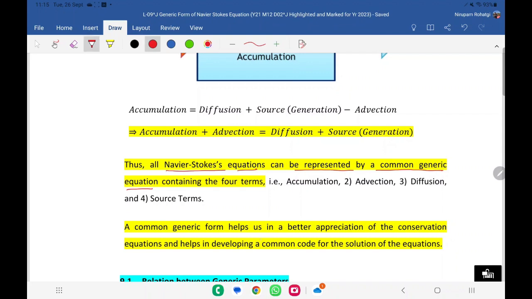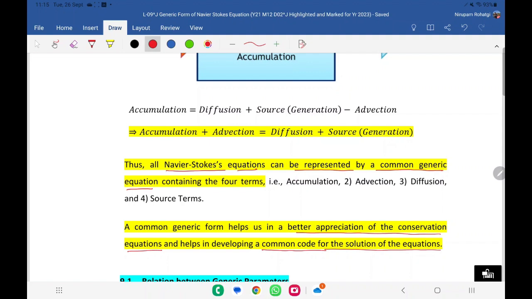The advantage would be that it will help us in better appreciation of the conservation equation. Now this generic equation has a physical meaning for all the terms, so that we can understand what is happening in each equation. That is one benefit. The second thing is you can develop a common code for the solution of equations.